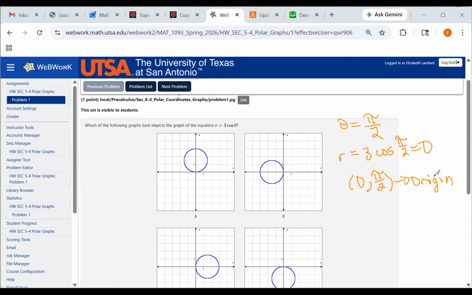So since this is cosine, though, the cosine of 0 is not 0. So if I plug in 0 degrees or 0 radians, r equals 3 times the cosine of 0, that gives me 3. So the r theta point is 3 comma 0, which is to the right on the graph, which is graph C here.